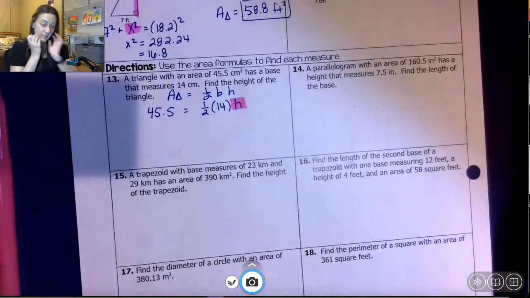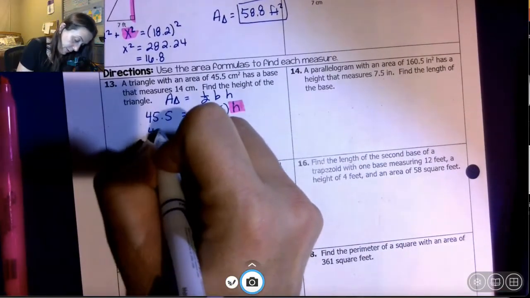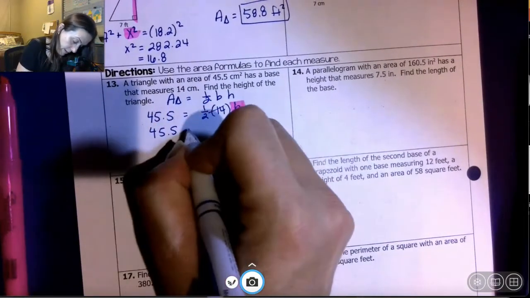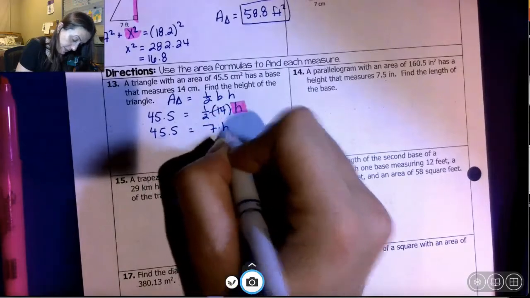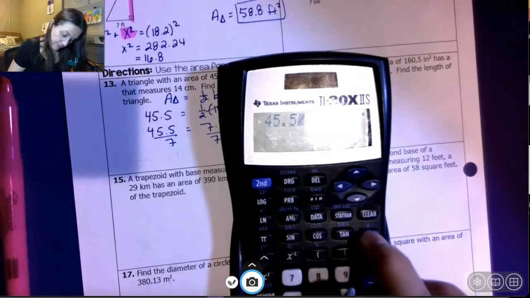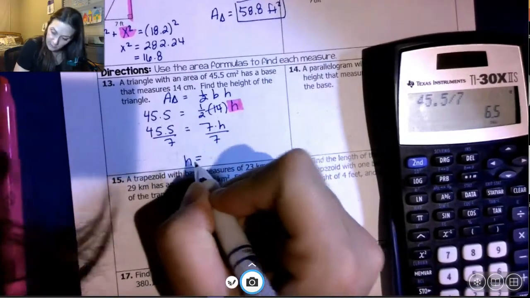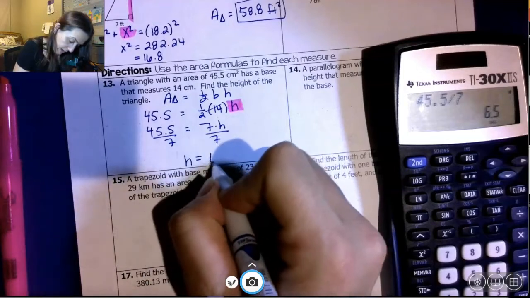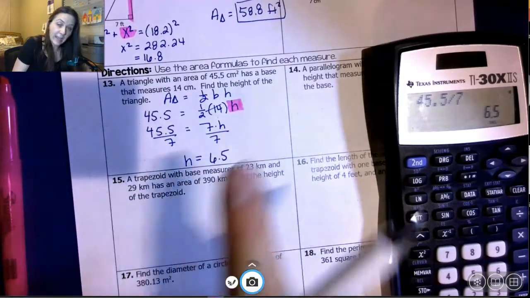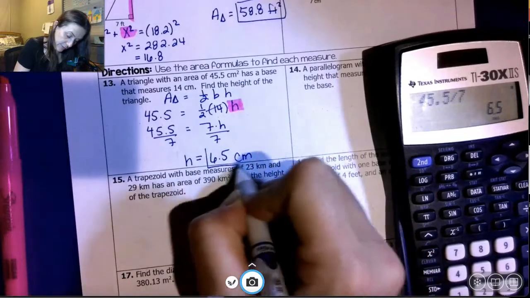So now we have to solve this. I'm going to take half of 14, I get 45.5 over here, equals 7 times h, divide both sides by 7, 45.5 divided by 7, we end up with height equal to 6.5. Now this is not area, so this will just be centimeters, not centimeters squared.